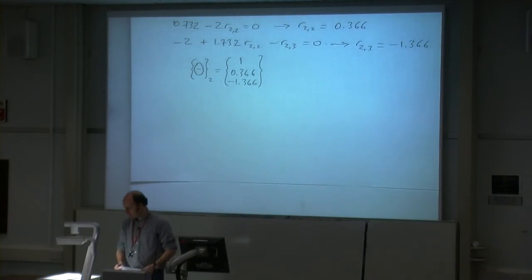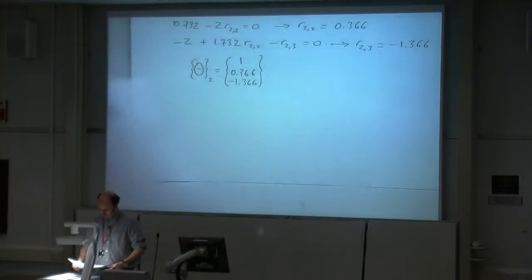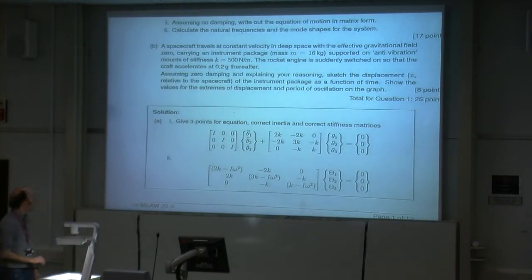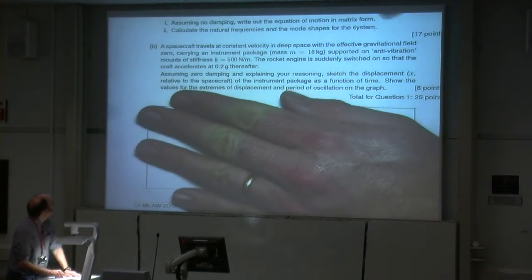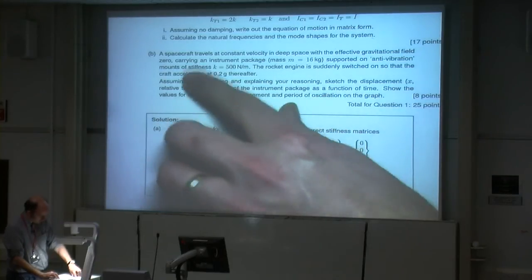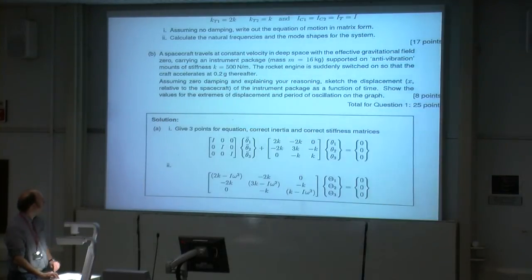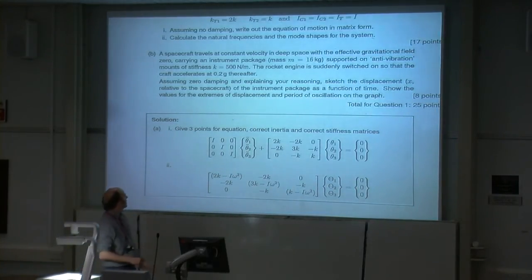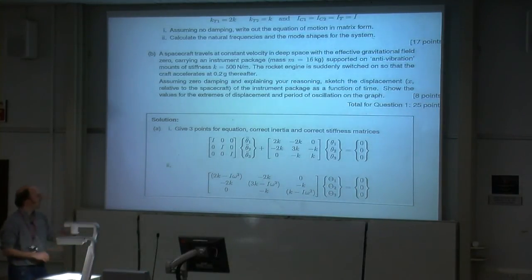Right, part B. You can see part B: a spacecraft travels at constant velocity in deep space with the effective gravitational field of 0, carrying an instrument package with 16 kilogram mass supported by AV mounts of stiffness 500 newtons per meter.